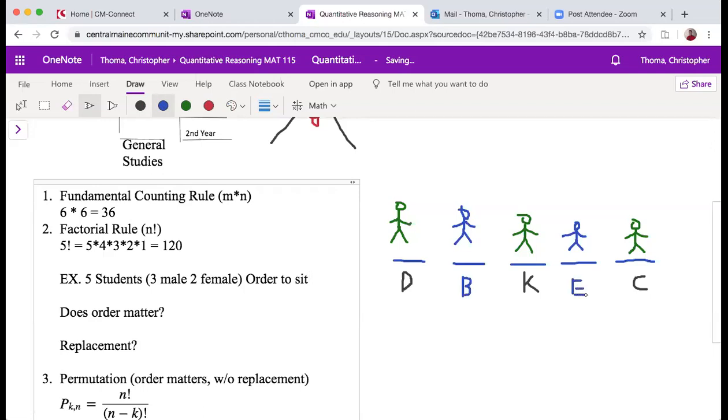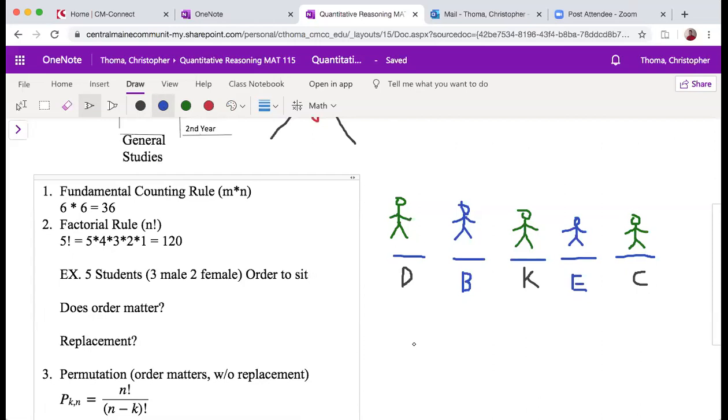There we go. So there's one way that the 5 of us can sit in an order. How many different ways can I move us around? Anyone have any guesses?